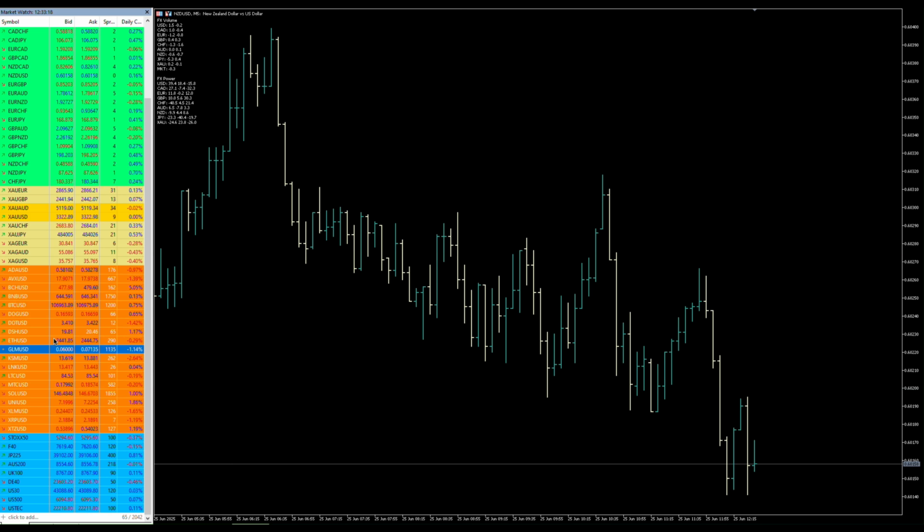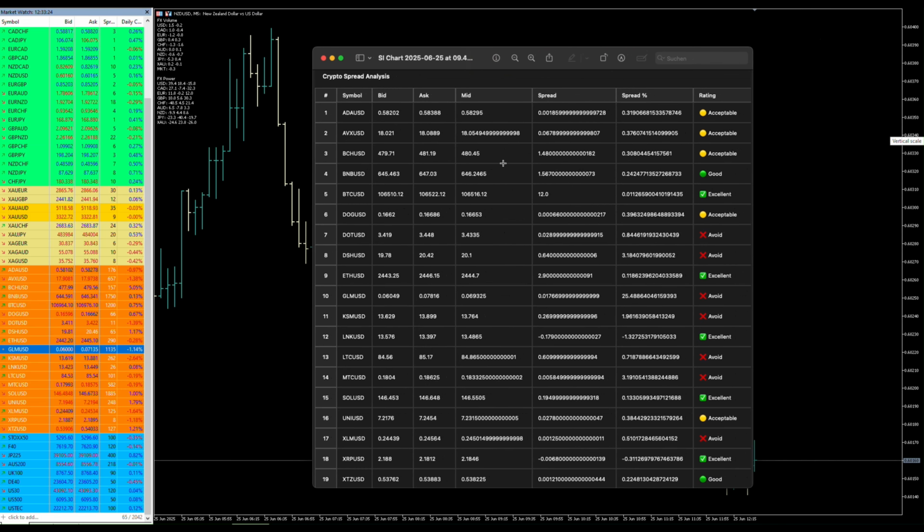And so I took this information, used the AI to calculate this matrix, and you see if you calculate the spread in percent of the current asset, you pretty clearly see which of these cryptocurrencies is worth to be traded or not, because the AI makes no difference for the recommendations and you need to check the spread yourself. It's currently not included in the export data, but we'll do so in the future.